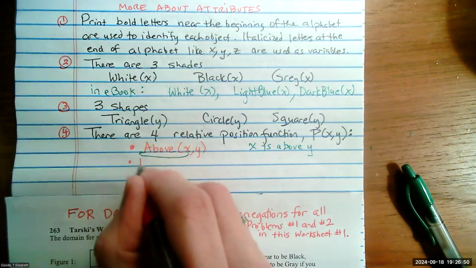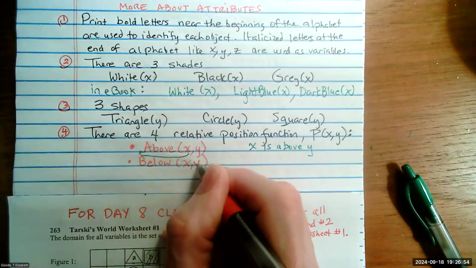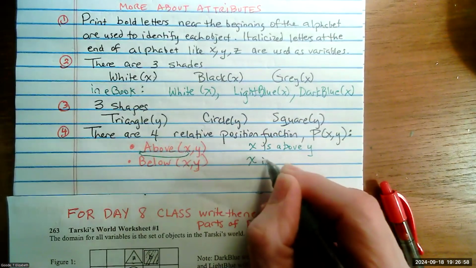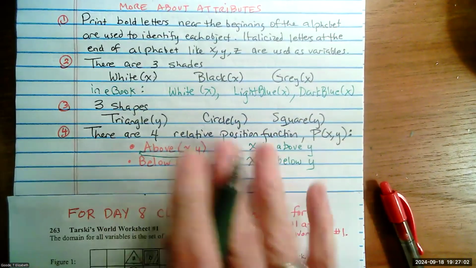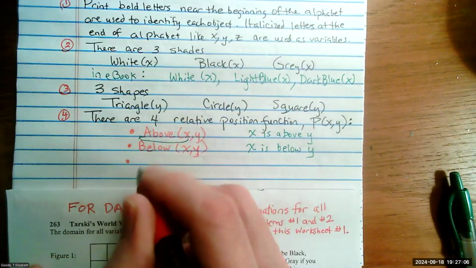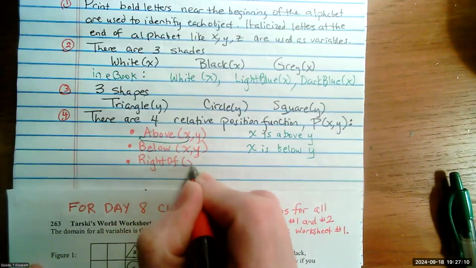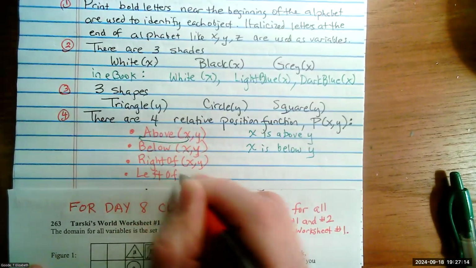There's below x, y. And that means just exactly what you think it should mean. It means x is below y. Again, the first variable just comes out front. When you think about the interpretation, then there are two more: right of x, y and left of x, y.